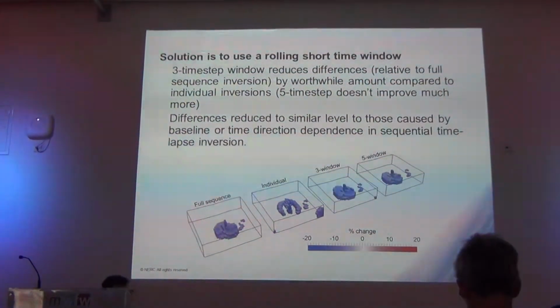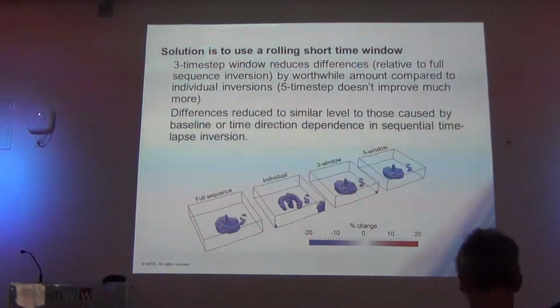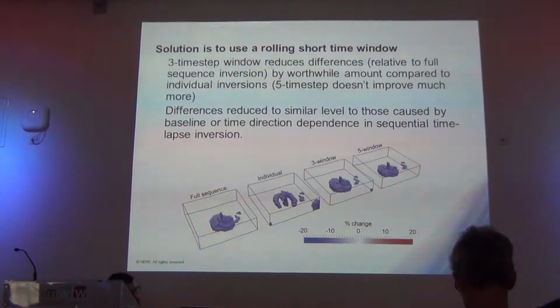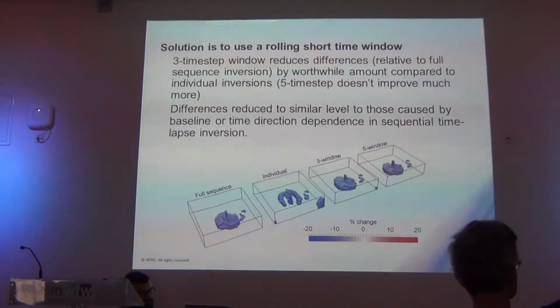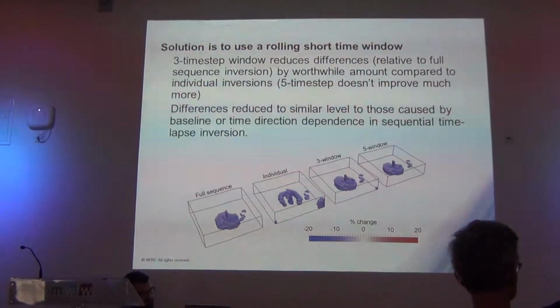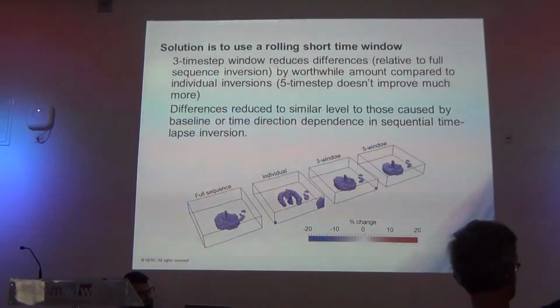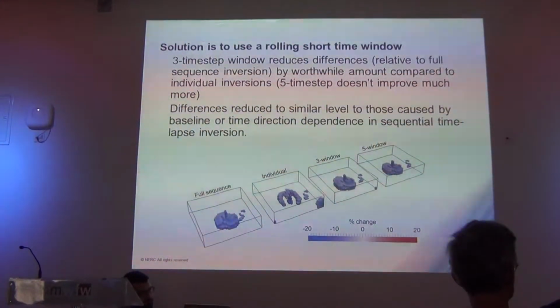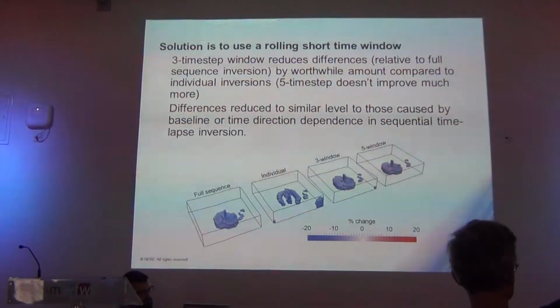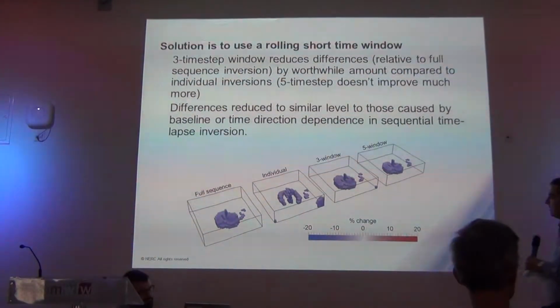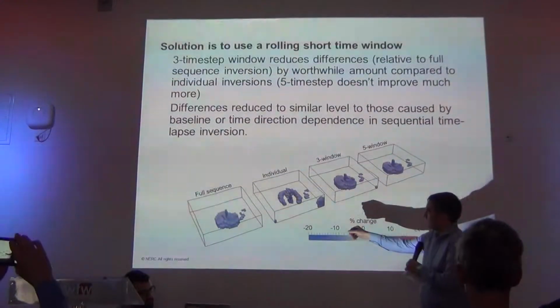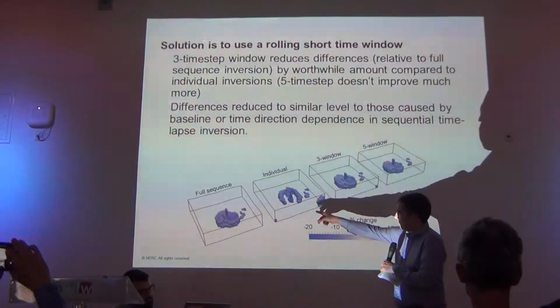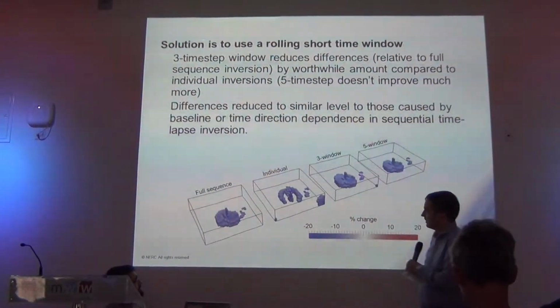So the solution is to use a rolling short time window for your 4D inversions. Essentially, rather than inverting the full sequence, you just invert a subset of the data with the full 4D constraints. You can see here a little comparison, I think this is Cornelia's leak experiment, with the comparison between individual inversions.